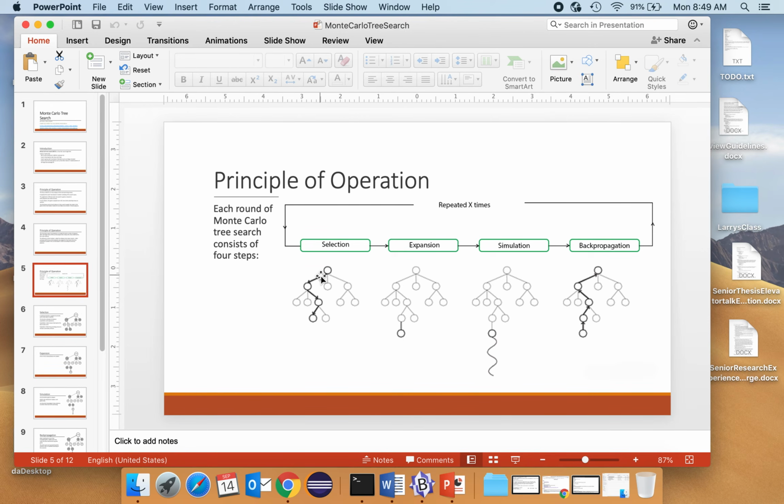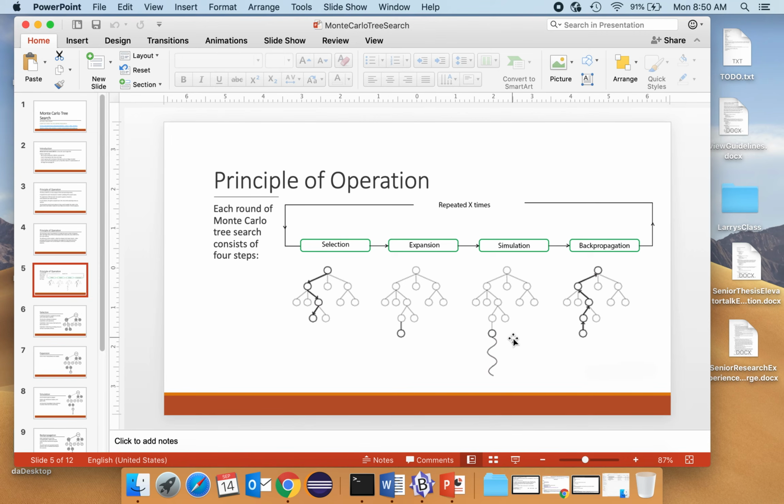We start with selection. So looking at our search tree, what might be a good move to expand to know more about. So we'll have a node over here, and we'll say, let me develop a child node. This is the one over here. And this is the cool part over here, which is a simulation where we say, okay, what if? What happens if I were to play a game from this node on?